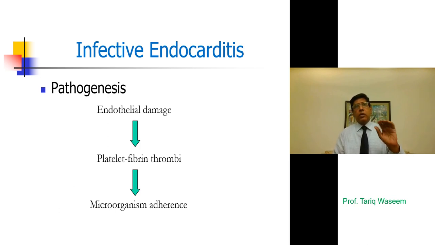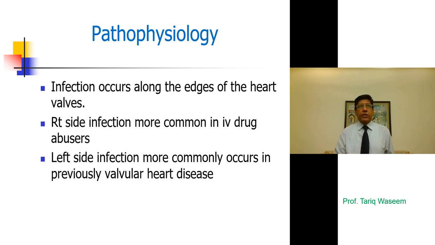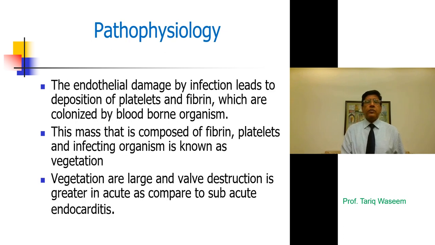It is this continuous layering of deposits of fibrin, platelet, and microorganism which are called vegetations, where they grow onto those damaged surfaces or damaged valves. So infection usually occurs along the edges of the heart valves. Right side infection, of course, is more common in IV drug abusers, but the left side infection is more common as a result of previously damaged heart valves.